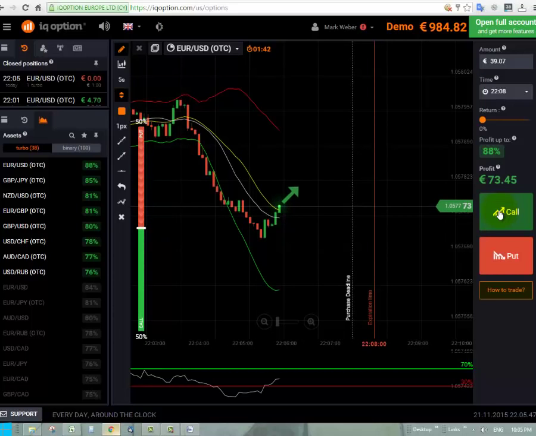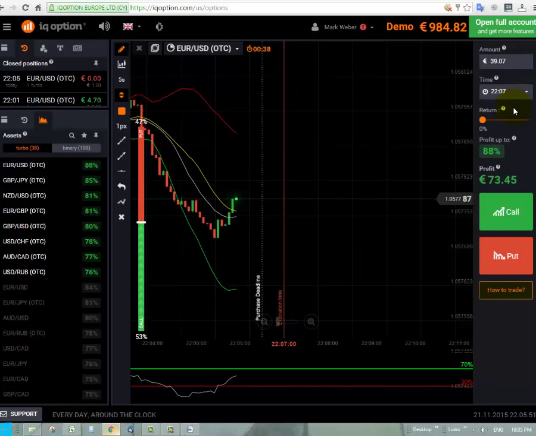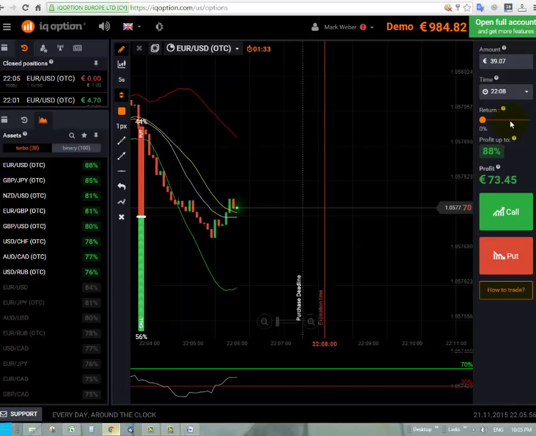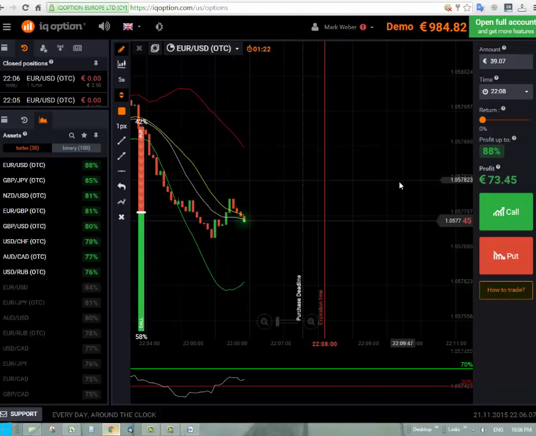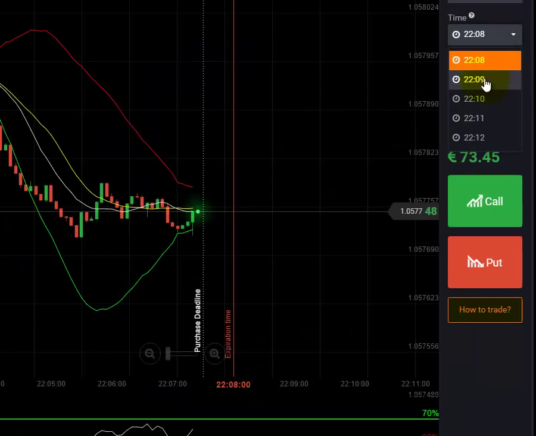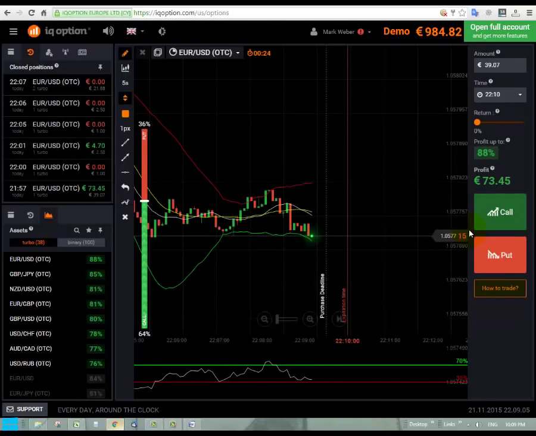Now, as you can see, probably we will win 2 positions, so our profits will be multiplied, but we will have to wait for the trend to stabilize. It seems that we will lose also this one, so we will change for the minute. Now we will make the call.